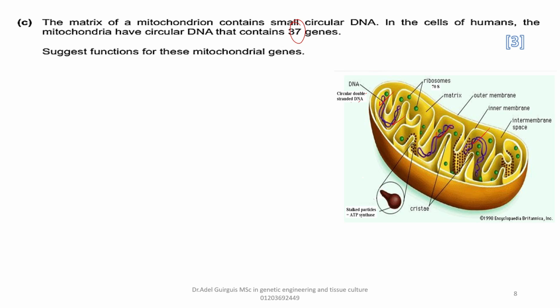What about ribosomes? Mitochondrial ribosomes are 70S. It is a combination between what? Between rRNA and proteins. How are these machines for translation of messages formed inside mitochondria? By genes of the circular DNA.